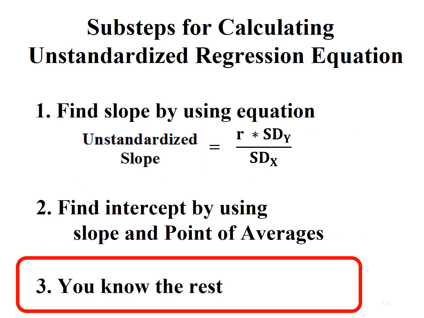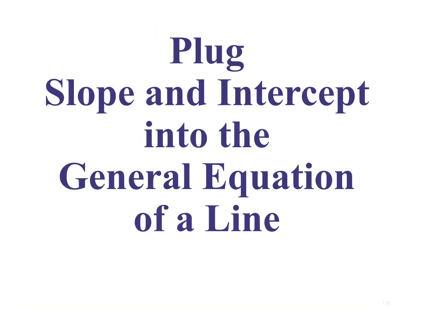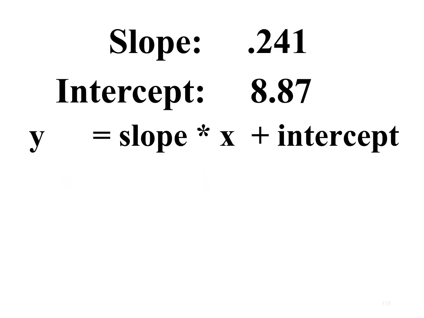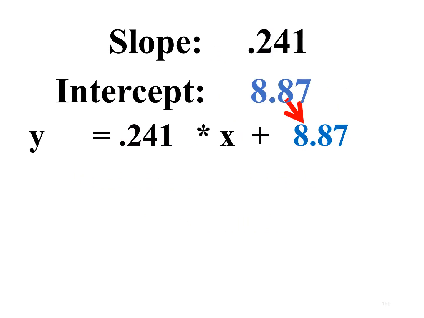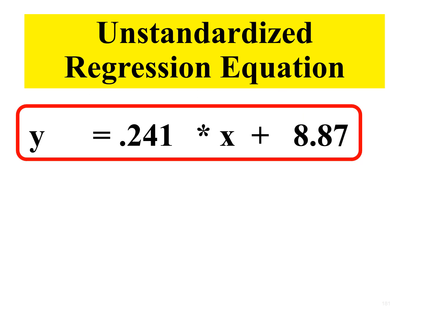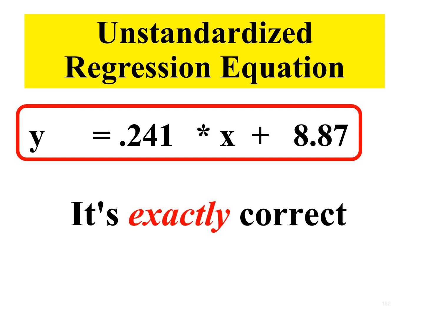And then from here, you just plug the values into your general equation of a line. And now you have the unstandardized regression equation.